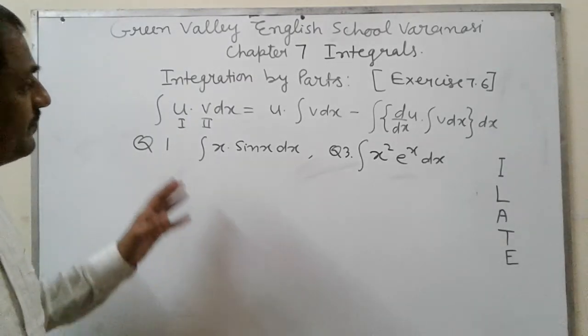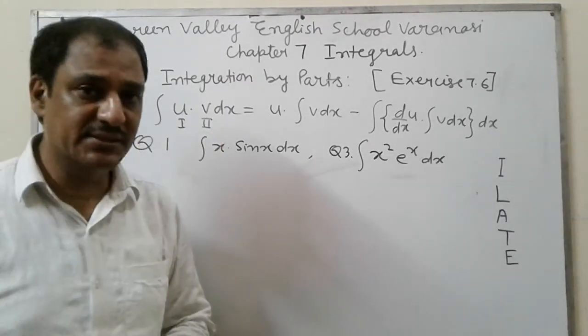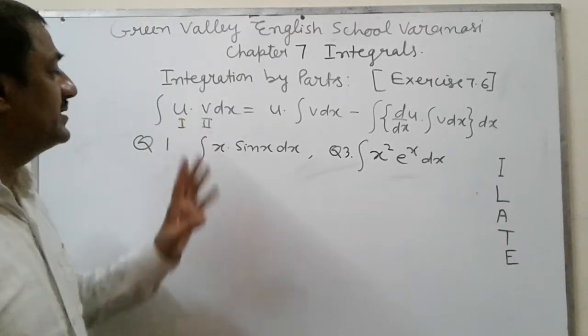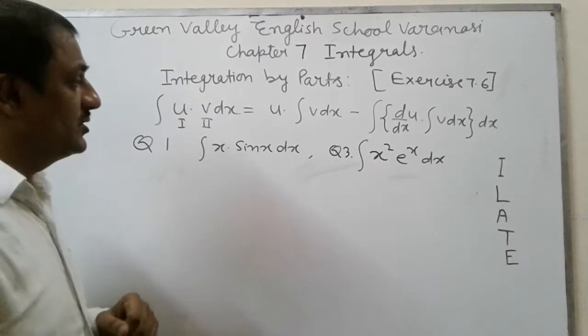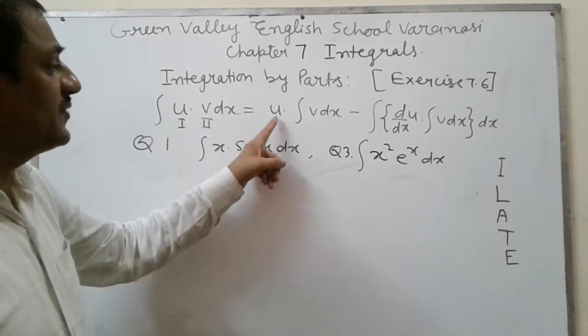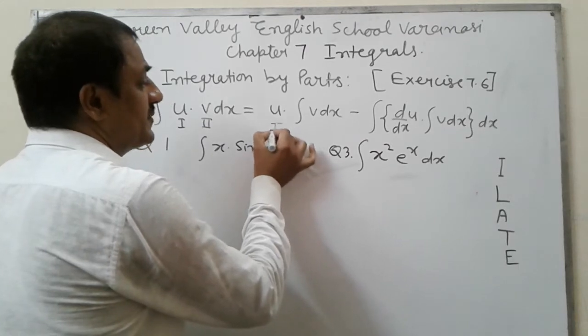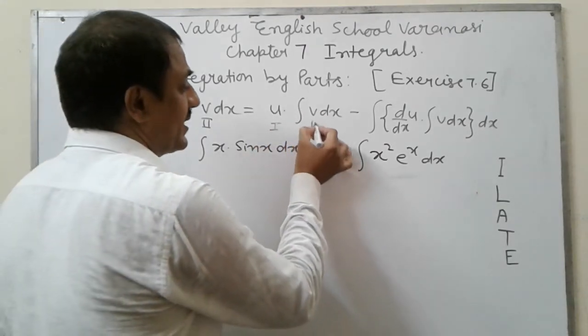According to the method of integration by parts, u is the first function and v is the second function. The integral of uv is equal to the first function into the integration of the second function, minus the integration of the differentiation of the first function into the integration of the second function.